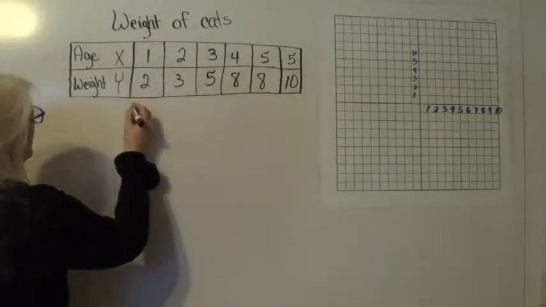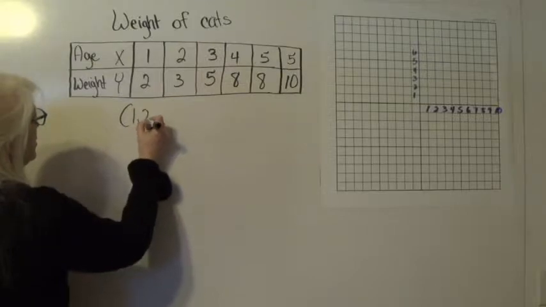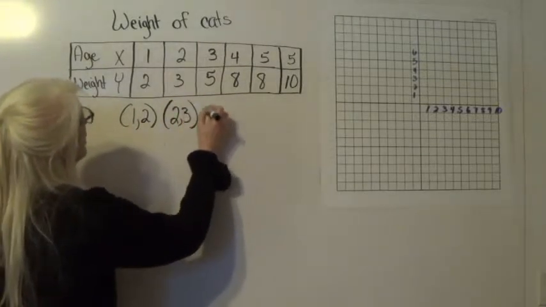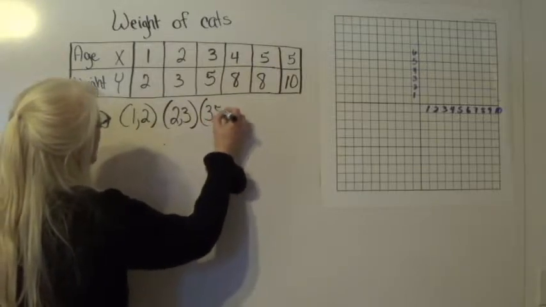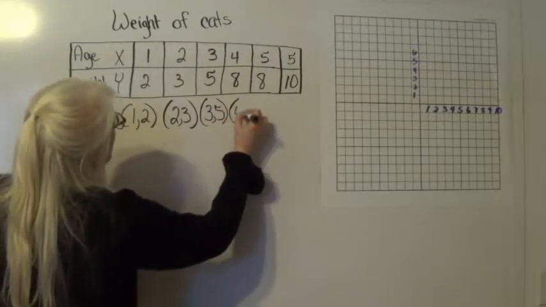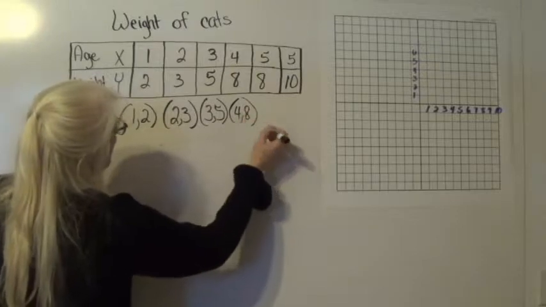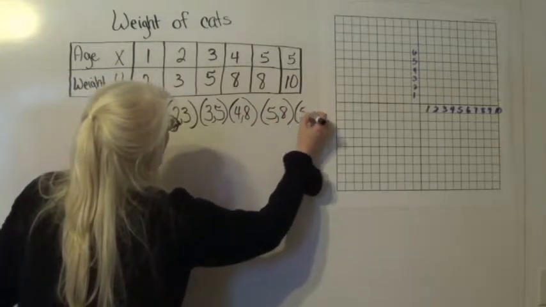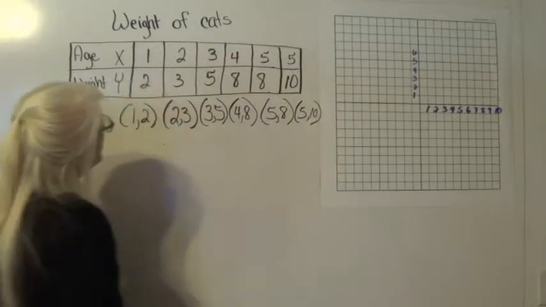This coordinate is 1, 2. This one is 2, 3. This one is 3, 5. Then we have 4, 8. I'm running out of room. And then 5, 8. And then 5, 10. And so that's all these are.